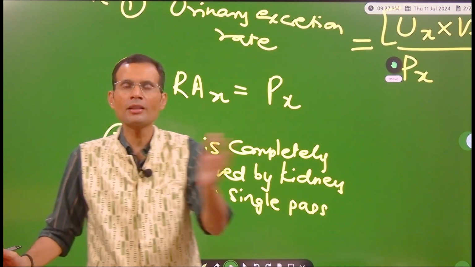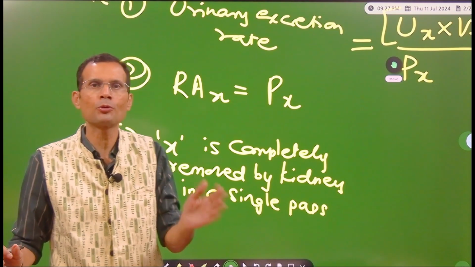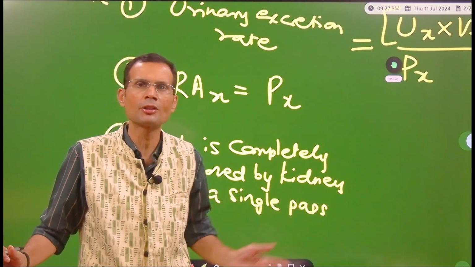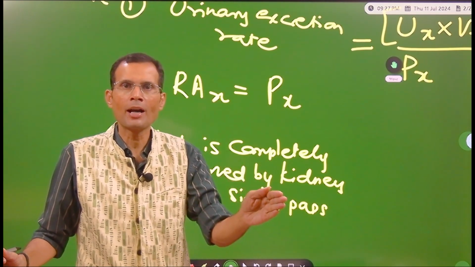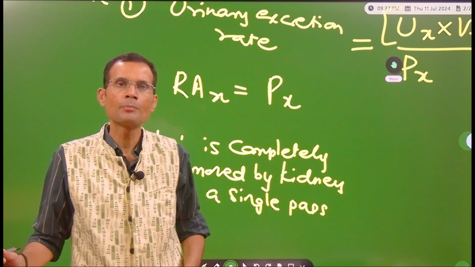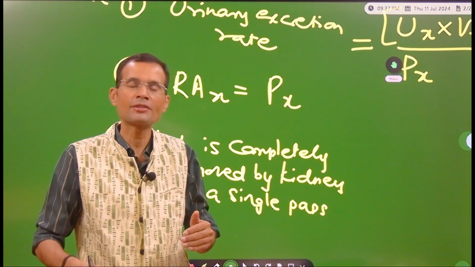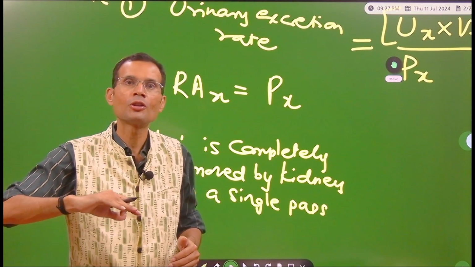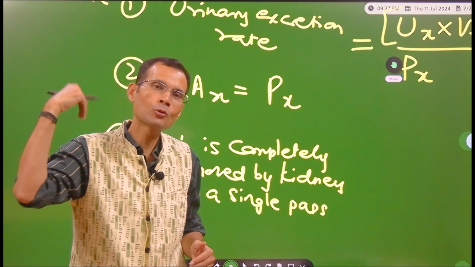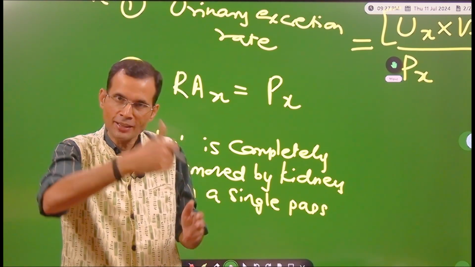I'm talking about other substances like sodium, glucose, potassium, chloride, calcium, or amino acids, any of them. They are there in the plasma, they come into the kidney, a certain fraction is excreted into the urine, and the remaining amount goes back in the renal vein. It goes back into the body, circulates, and then comes back again.